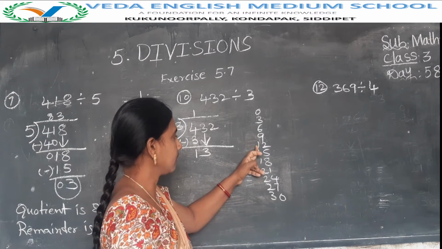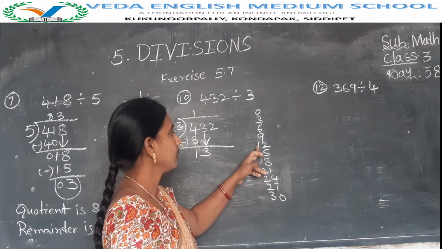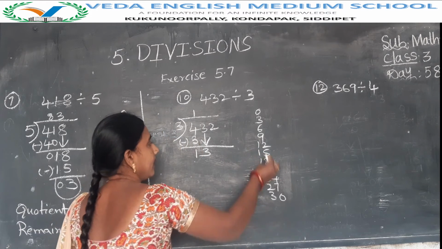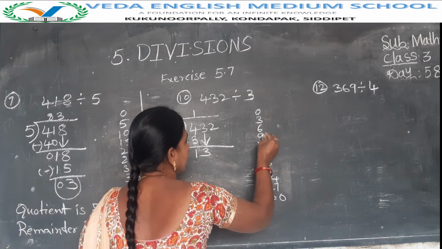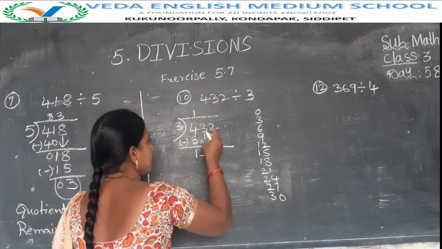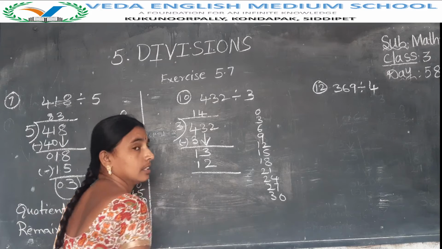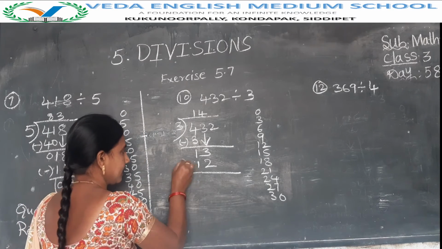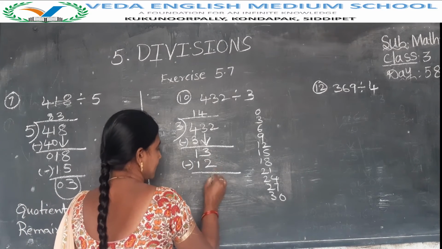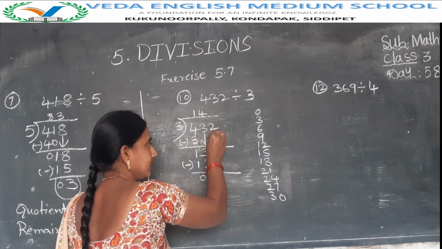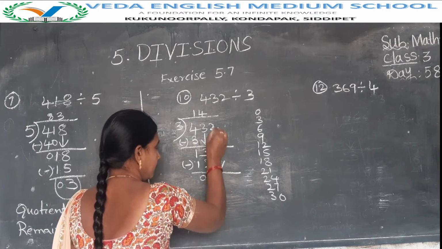See Nana, 12. Here 15. Now take the below number, that is 12. How many times 3? 1, 2, 3, 4. 4 times 3 is 12. So 3 fours are 12. Now do the subtraction. 3 minus 2 is 1. 1 minus 1 is 0. Here only 1 digit, bring down 2.